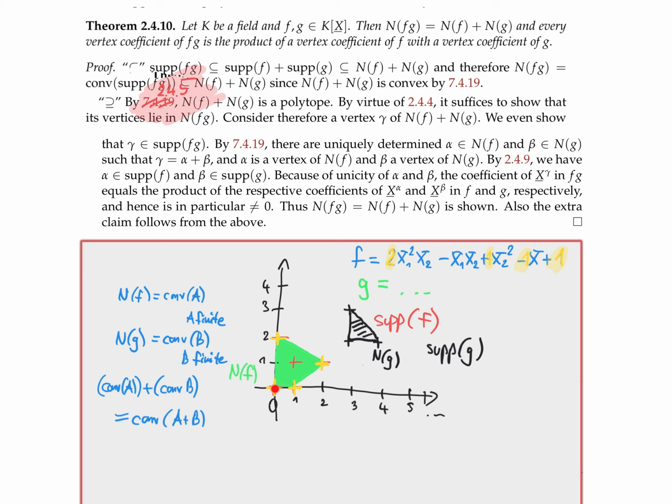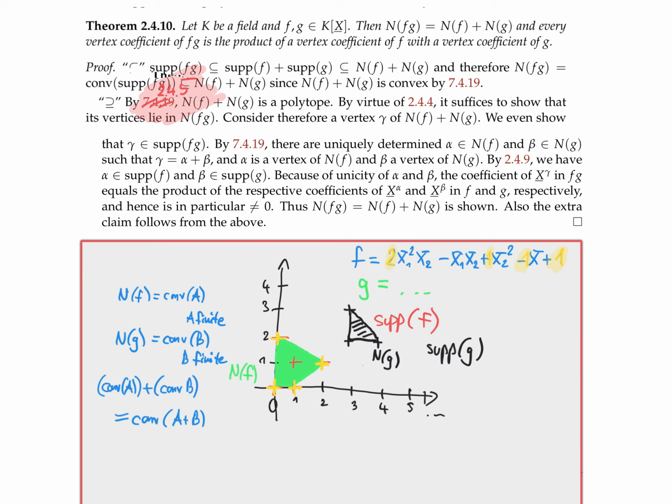These points don't contain the information about the corresponding coefficient. And you have to multiply it with monomials of g, right? And so when you do this, you add the corresponding exponent tuples, right?